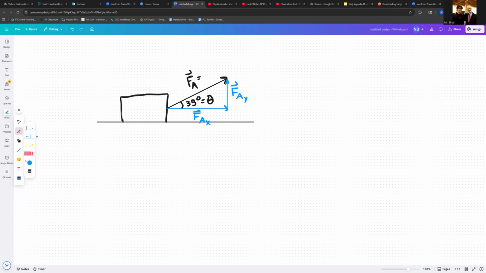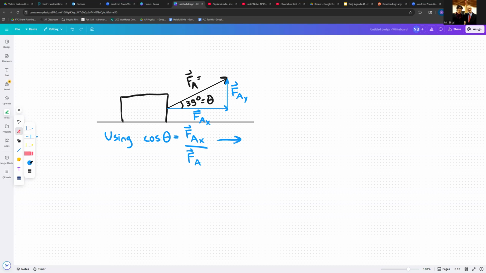Okay, so let's break down how to do this. Hopefully it feels pretty comfortable or familiar because we actually did a very, very similar thing back in Unit 1. So we're first off going to look at this x component. So using the cosine of the angle theta as equal to adjacent over hypotenuse. So the adjacent side to our angle theta is FAX over the hypotenuse, which is the total applied force FA.